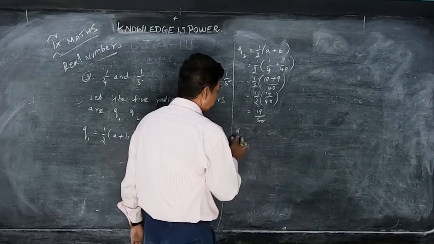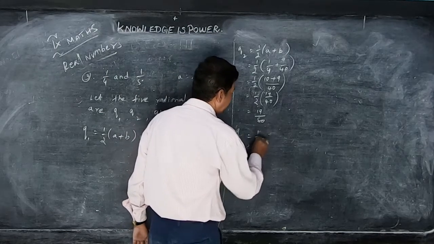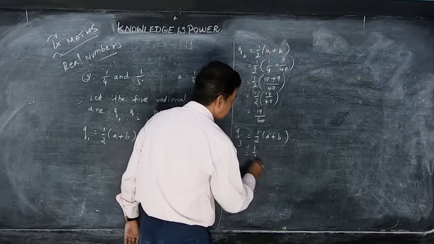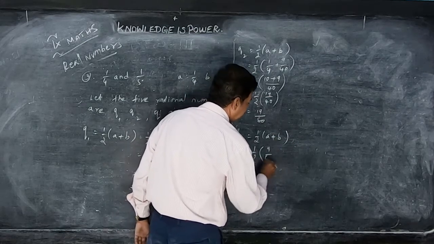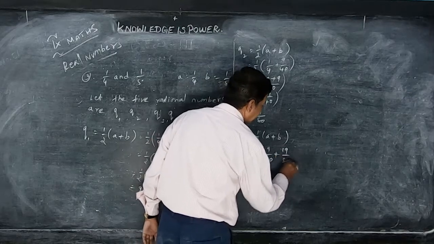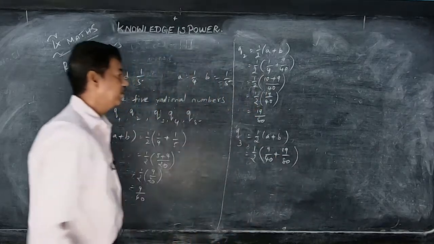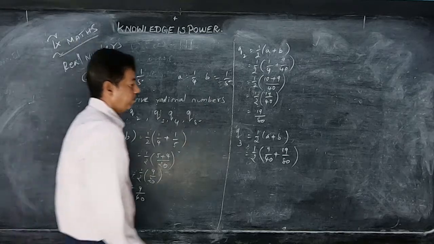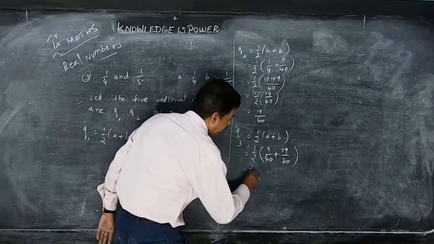So Q3 equals half into A plus B. So half into A, which is 9 by 40, B will be 19 by 80. The newly found one is B, and the one before that is A. So equal to 1 by 2.